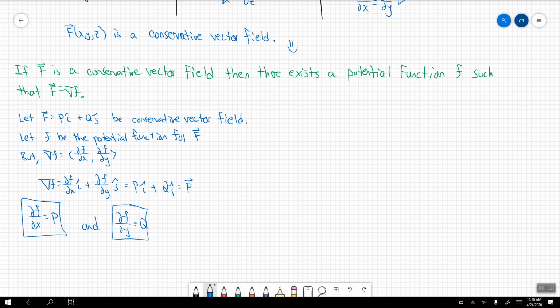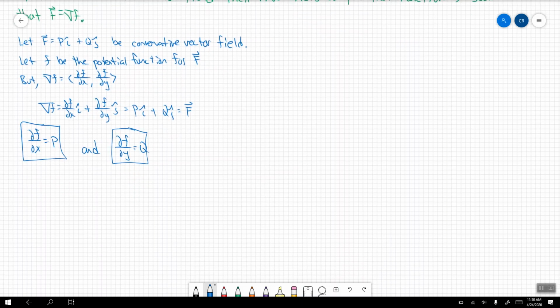And again, once we have these, we're able to build everything that we need. Because now, can we solve these specific equations for f? In other words, can I take an antiderivative on both parts? Sure we can. We can take an antiderivative of this function P with respect to x, and that should give us our potential function.